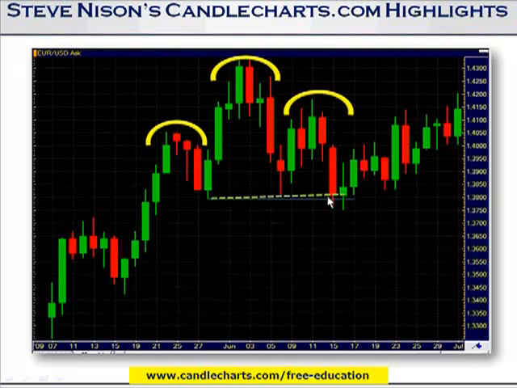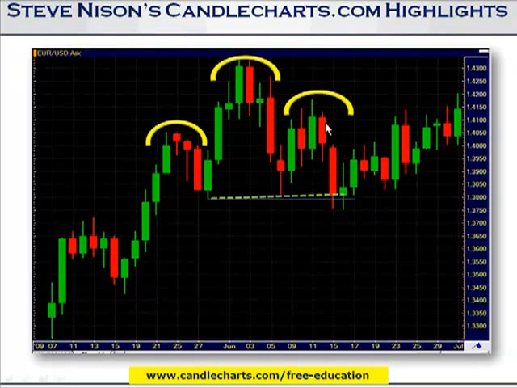So if the market closed decisively under the support area here, which in my opinion it did not, then we would be thinking about selling short. By the way, one of the great advantages of trading Forex is it's just as easy to sell short as it is to go long. Anyway, this to me is not really a confirmed head and shoulders. This is a potential head and shoulders.